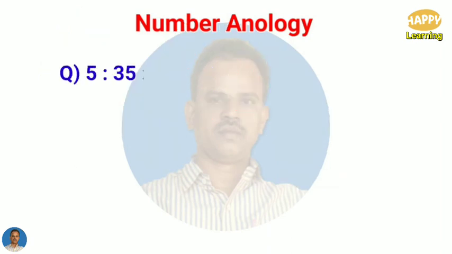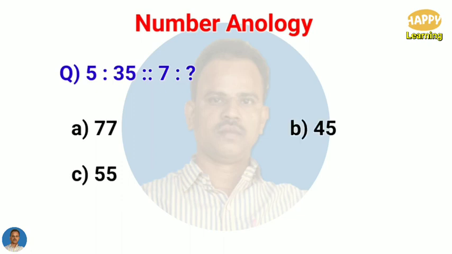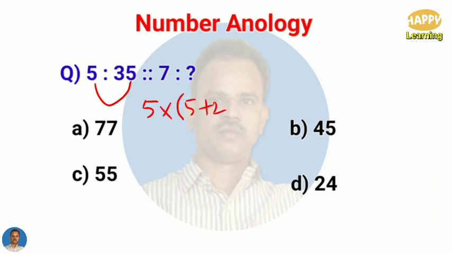Next question. 5:35 is same as 7 question mark, and the options are 77, 45, 55 and 24. What is the relation between this 5 and 35? So you can say it is 5 into 5 plus 2, that is 5 into 7, equal to 35.